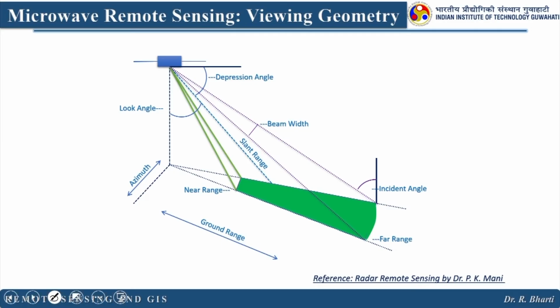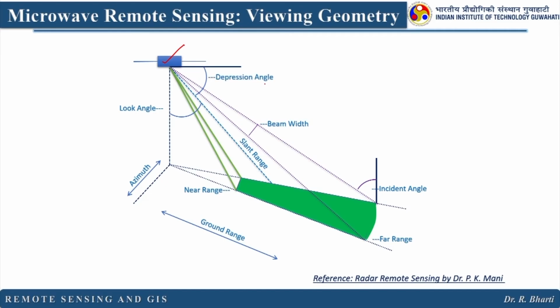In this image, this has been used to represent a sensor, an active microwave sensor, and here you have the depression angle, which is the angle between this horizontal plane and this slant range, then look angle, then your incident angle, azimuth, near range which is close to your nadir, this is far range which is far from your nadir, there is this slant range, and this is the beam width.